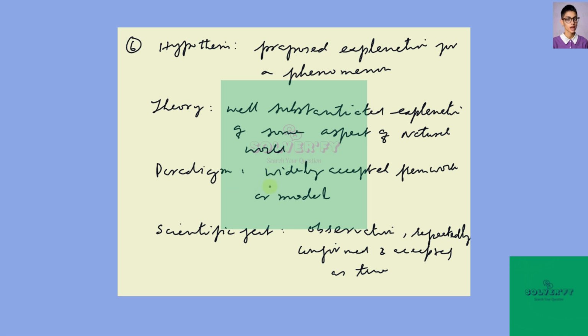A paradigm is a widely accepted framework or model that guides scientific research and shapes our understanding of a particular field, while a scientific fact is an observation that has been repeatedly confirmed and accepted as true.